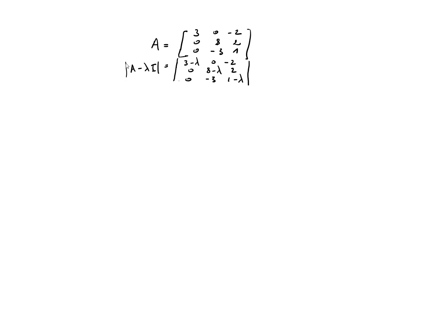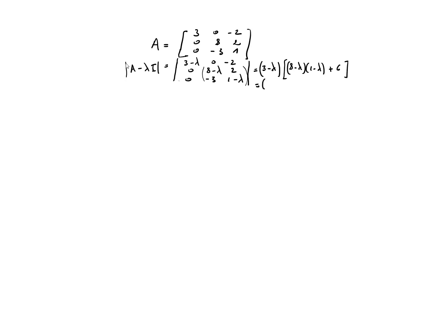We can construct the determinant by expanding on the first column, because we have two 0 elements over here. This will give me 3 minus lambda. I don't have to change the signs because the indices are 1 1, the sum is 2, it's even. So we then have to consider this determinant: 8 minus lambda times 1 minus lambda plus 6.